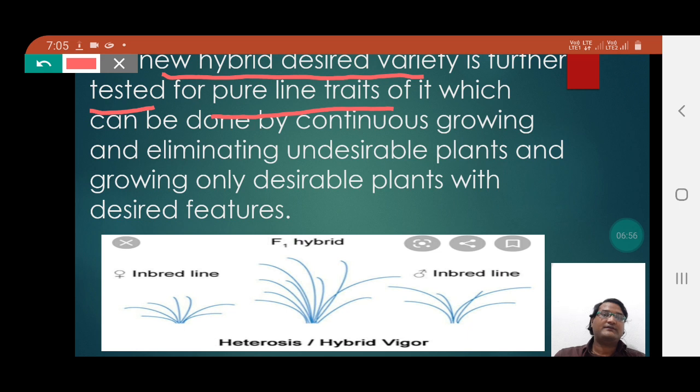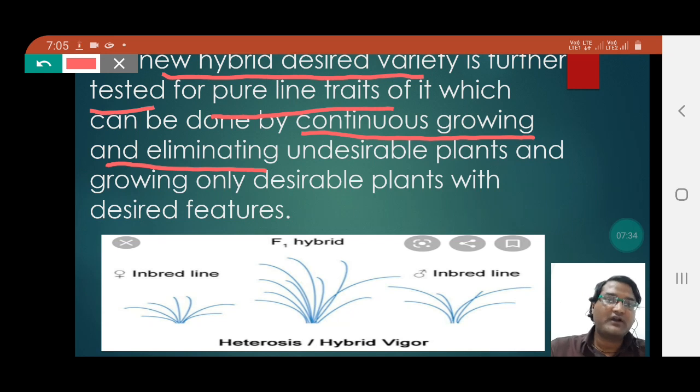Students, here pure line trait, that is the characteristic, that is the disease resistance capability of the plant, is assumed to be of superior level in the pure line trait, and to obtain the extremely higher disease resistant qualities of the plant can be done only by continuous growing and eliminating undesirable plants.